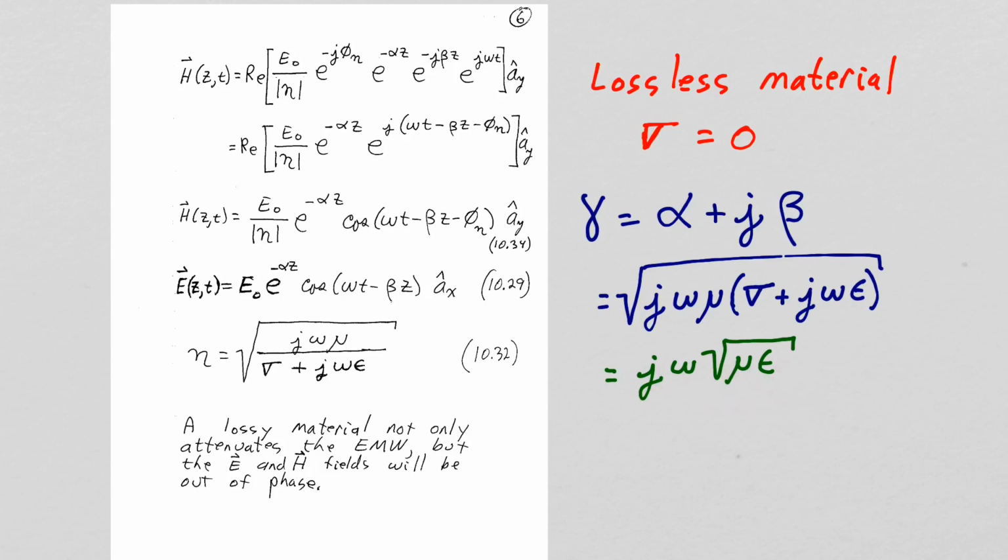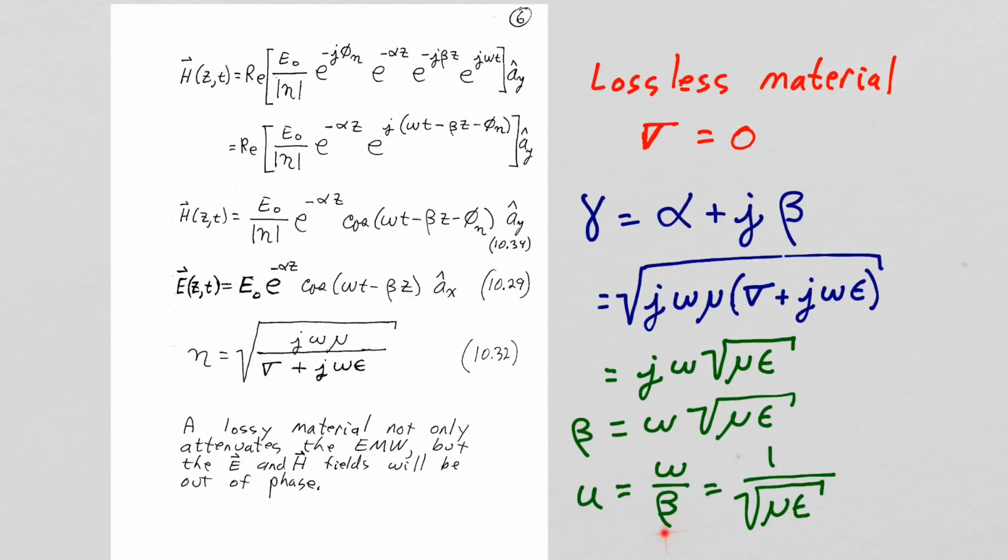So beta is equal to omega square root of mu epsilon, which is the condition we obtained previously when we were treating just the lossless case. So the velocity of our wave is 1 over the square root of mu epsilon.